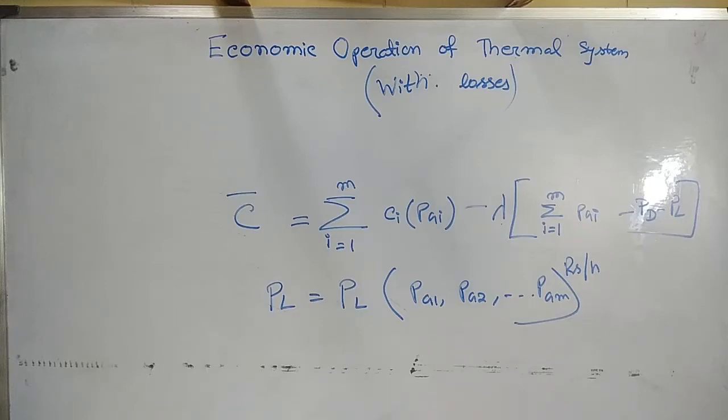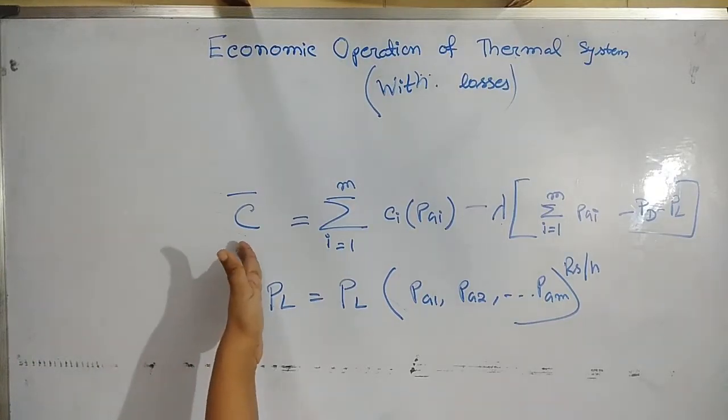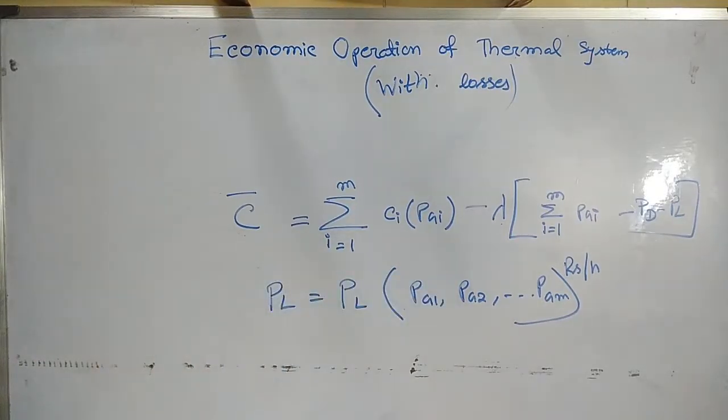Now for optimum real power dispatch, the first derivative of the cost function should be equal to 0.